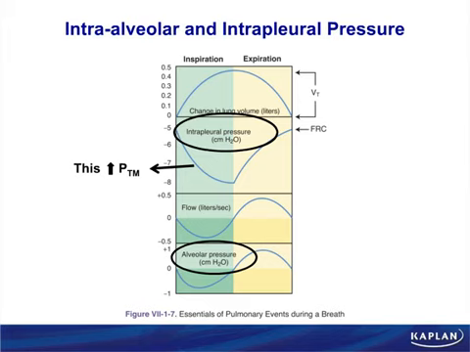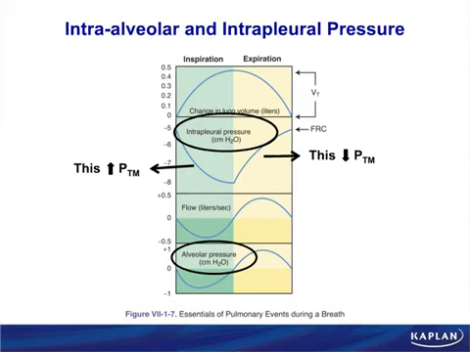Interpleural pressure goes back to its original level. This decreases the transmural pressure gradient. So alveolar volume goes down. Therefore, alveolar pressure goes up. Notice in the panel above alveolar pressure, the flow is going up. And in the top panel, that volume that goes out is the tidal volume. So this is our inspiratory-expiratory cycle.